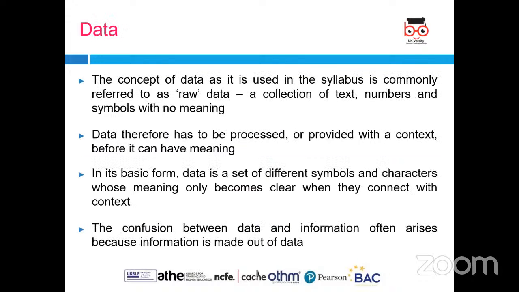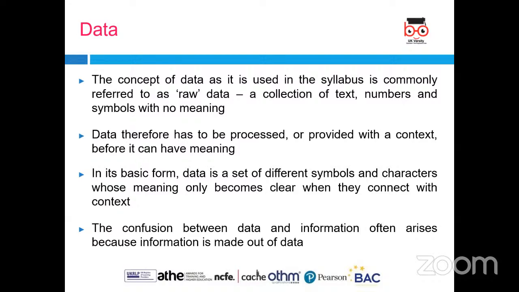So now we come to analyze the difference and interrelation between data and information. People always think that data and information are the same, but there is a slight difference between them. The concept of data simply refers to raw data.